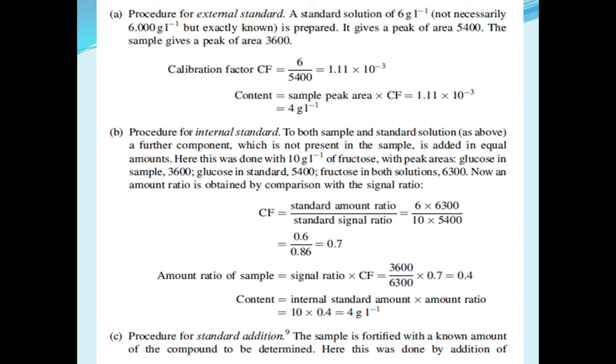Therefore, calibration factor CF is equal to 6 upon 5400, which is equal to 1.11 into 10 raised to minus 3.